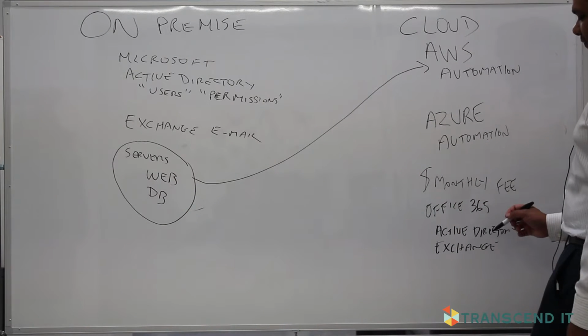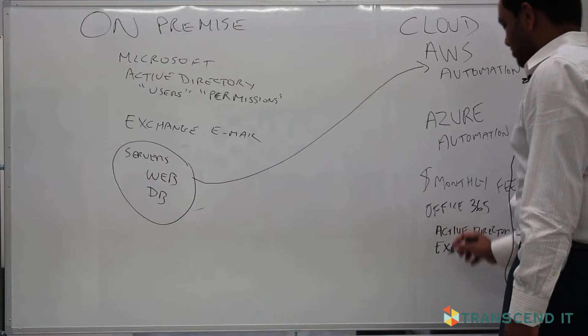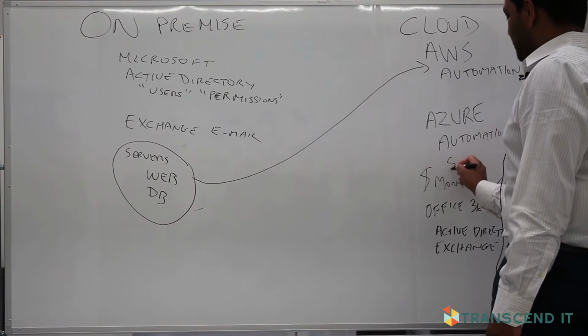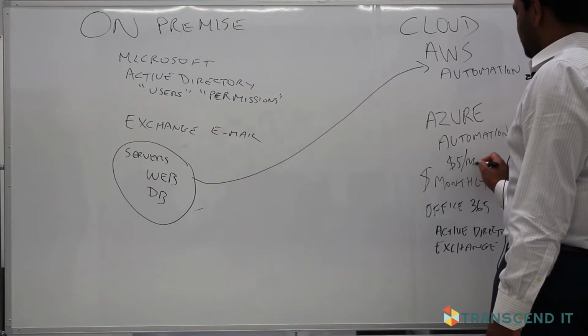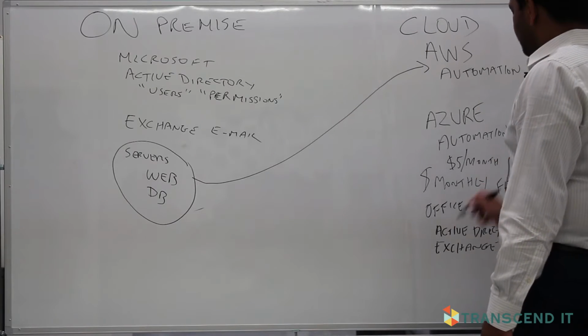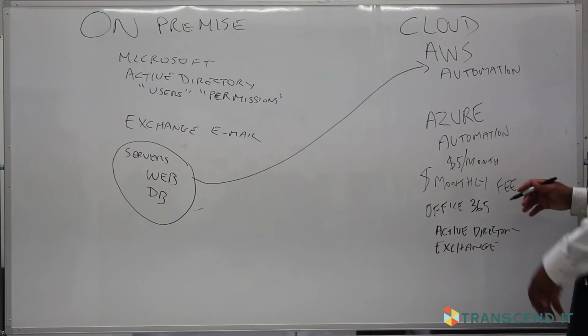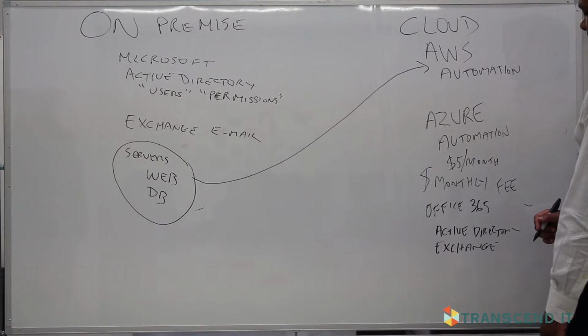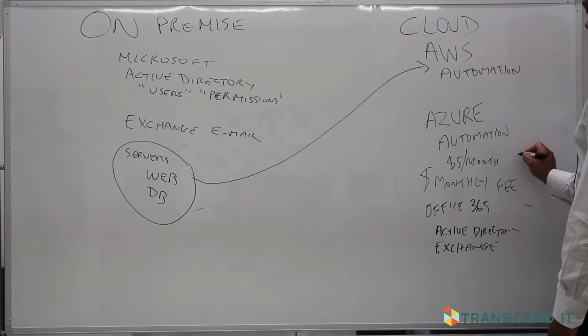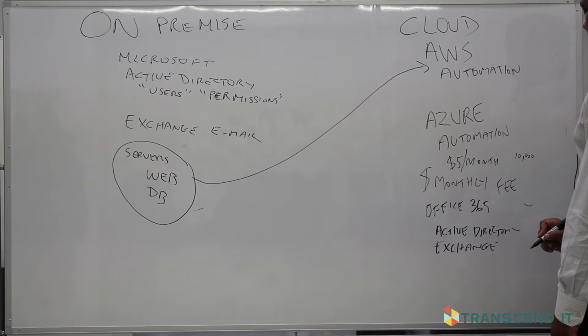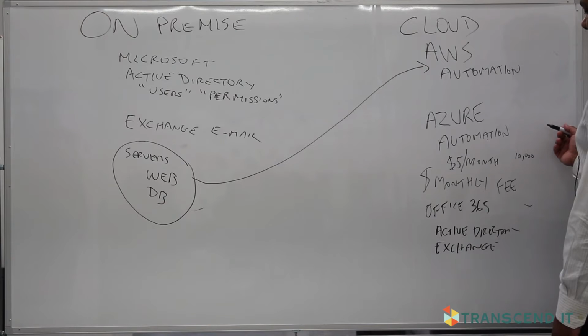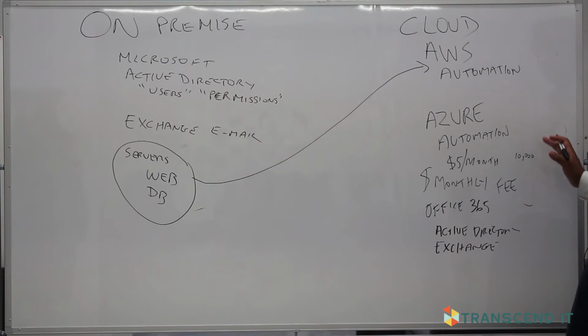But you pay a monthly fee, let's say, $5 per user. So you pay $5 per month per user. It sounds great, but if you have a lot of users, so let's say you have 10,000 people in your company, you're now paying a ton of money per month. So you're paying in the millions per year, right?